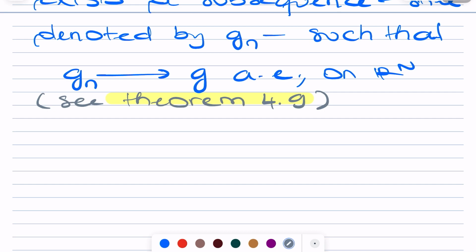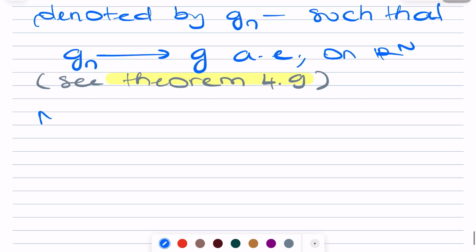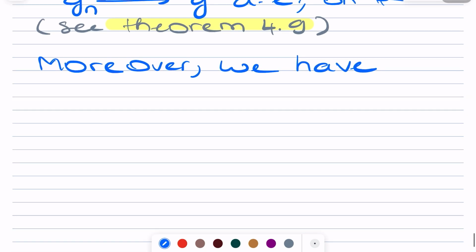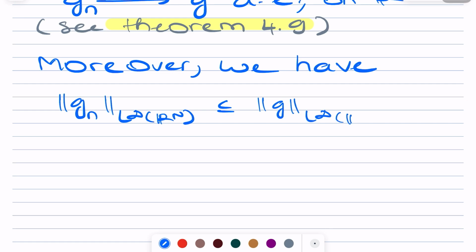Okay, so moreover, we have that the infinity norm of Gn in Rn is less or equal than the infinity norm of G in Rn. This is because rho n integrates to 1, so it's actually easy to see.